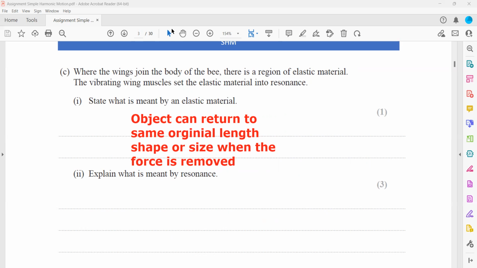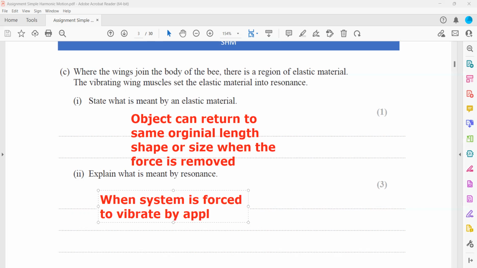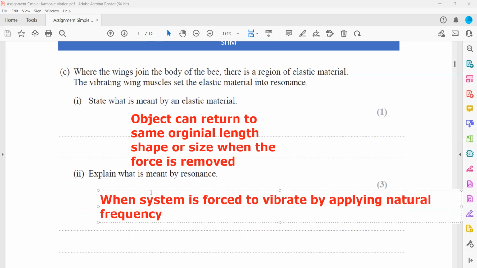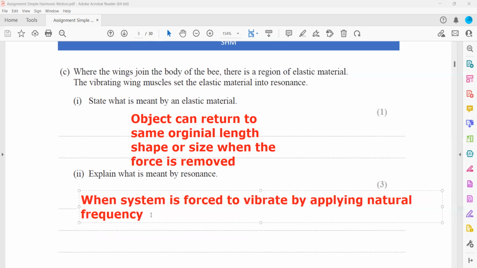It's worth 3 marks. So what are the points? When an object or system is forced to vibrate by applying the natural frequency, that is 1 mark.